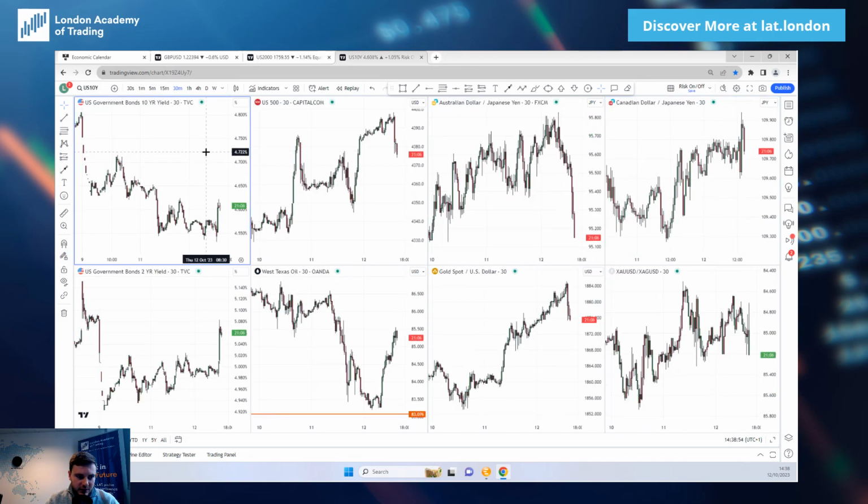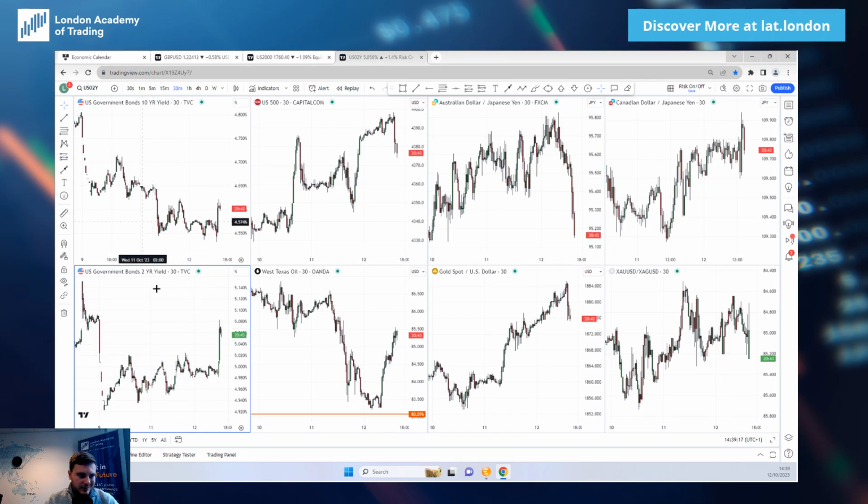Yields higher, the 10-year and the 2-year, but the 2-year rallying hard post CPI, now back above 5%, nearly hitting 5.1%, but see the short end of the curve rallying further than the longer end, which does suggest that the Fed may potentially have more work to do in order to get this under control.